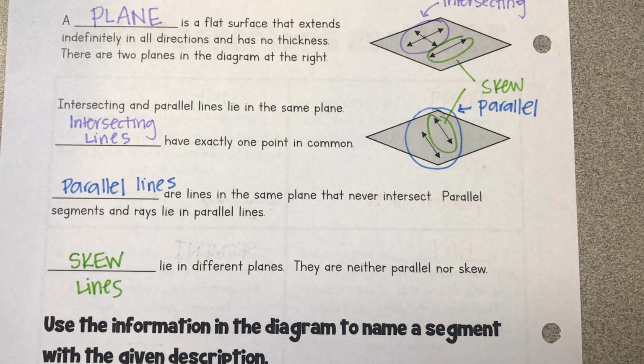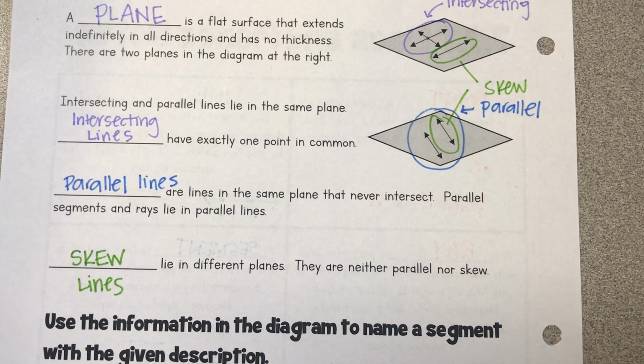Those lines are skew because they're not even in the same plane. If you were to draw a line on your floor and a line on your ceiling, those are never going to intersect. They're not on the same plane. They are skew. So skew lines lie in different planes.